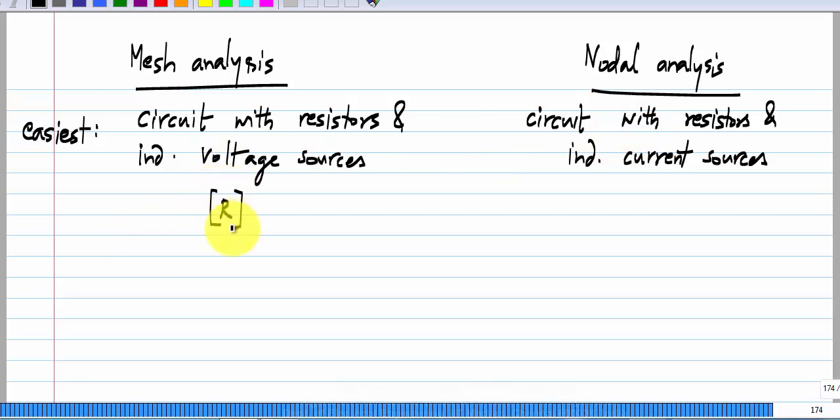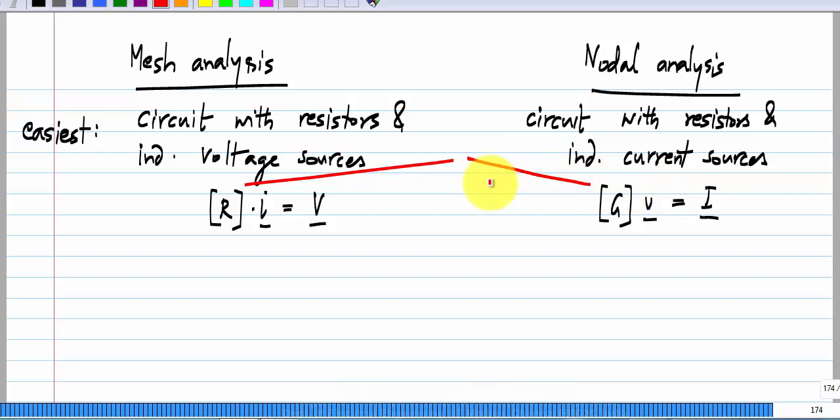We have the resistance matrix times the mesh current vector equal to the source vector consisting of independent voltage sources, and in case of nodal analysis we had the conductance matrix times the node voltage vector equaling the independent current source vector. Also these had similar structures.